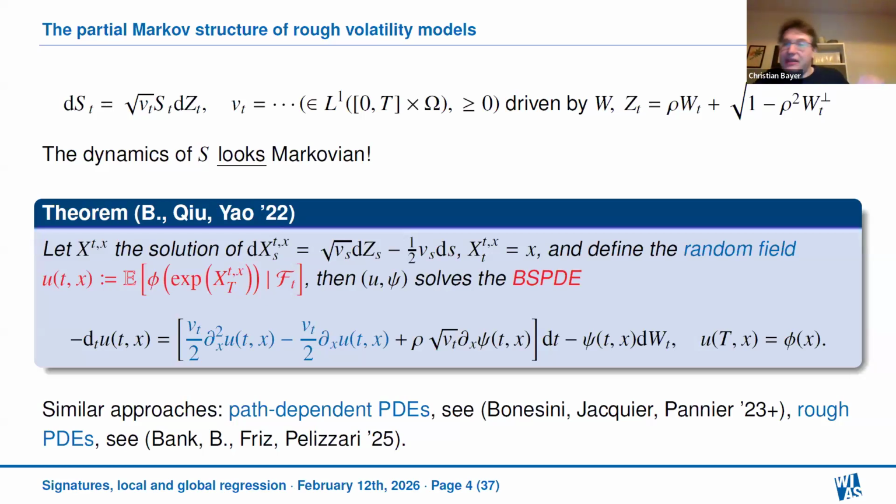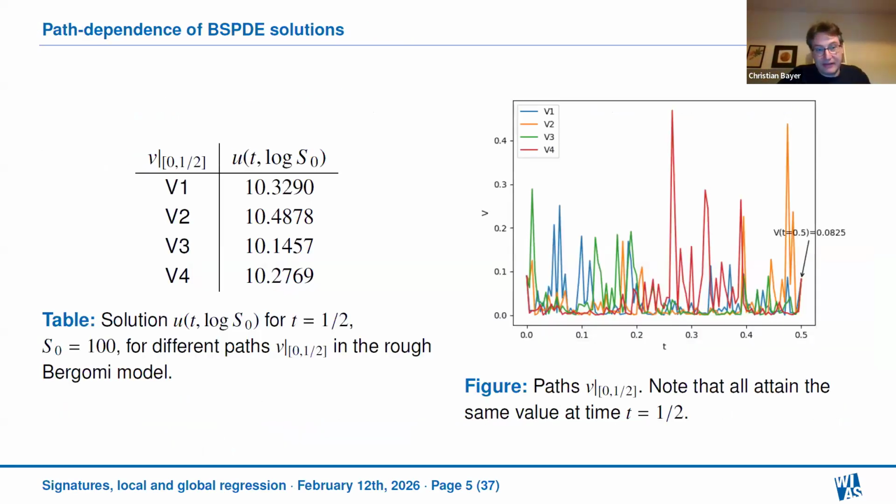So in a way, we can isolate the effect of memory in this kind of problem quite precisely. And this allows us to do something like this. What I'm looking at here is actually 4 trajectories of the volatility process, of the variance process, which happen to have the same terminal value.